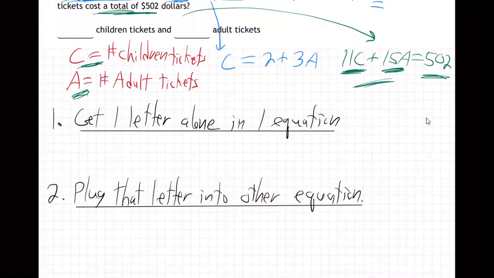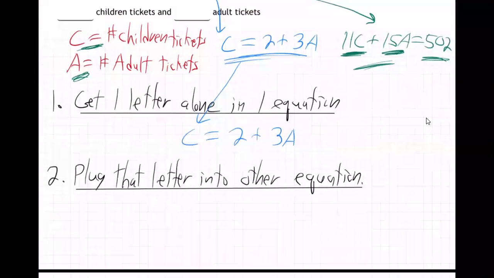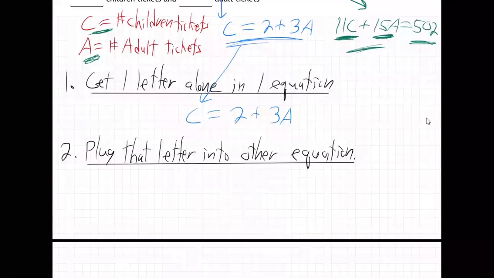Okay. So really we've already got that, don't we? Right here. We've already got one of the letters alone in that first equation. So I don't need to do anything except take that and plug it into the second equation.